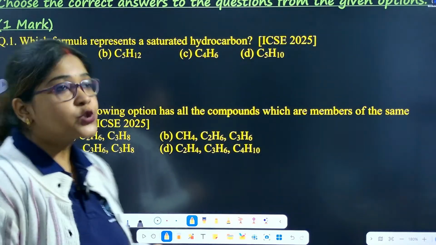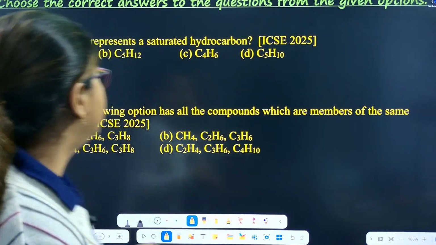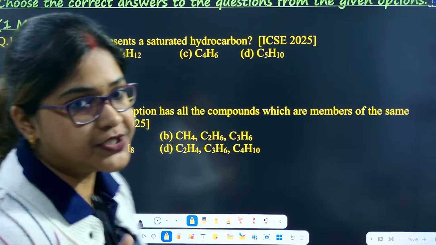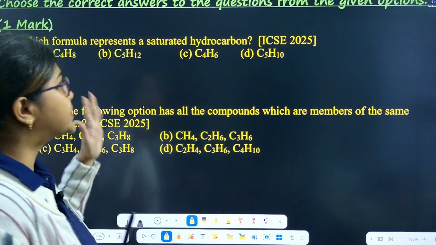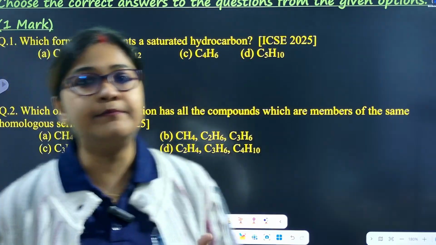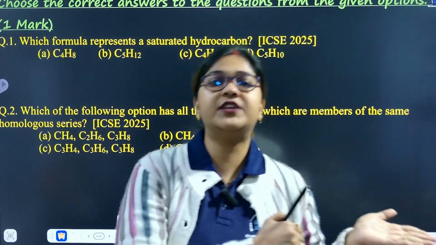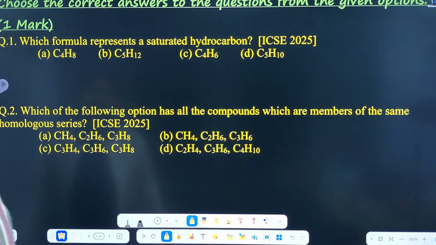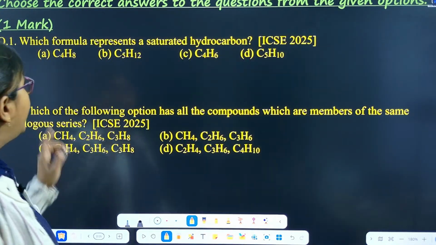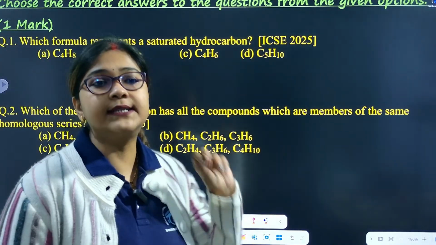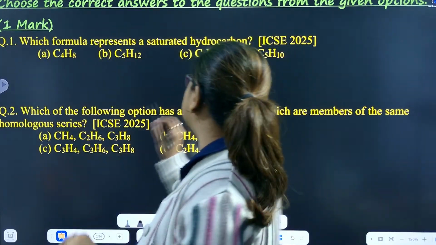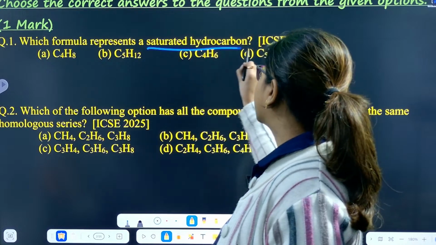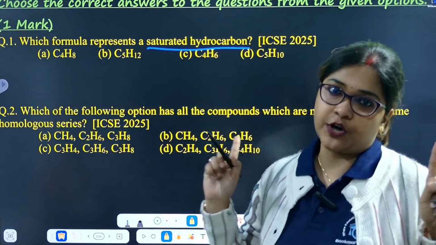Okay. So coming to the very first question, which is a multiple choice question of 1 mark, and the question has come just the previous year, that is ICSE 2025. My first question says, which formula represents a saturated hydrocarbon? Mind you, saturated hydrocarbon.